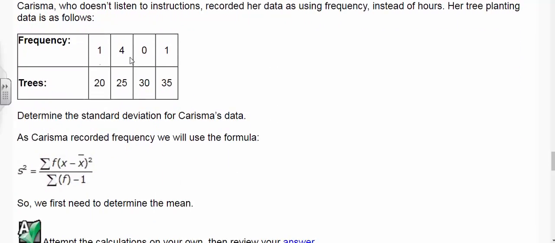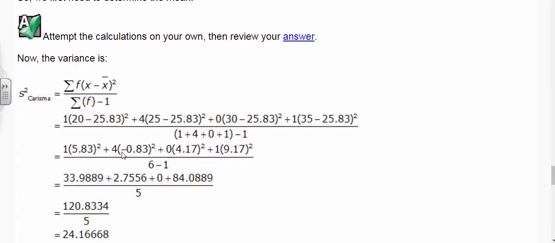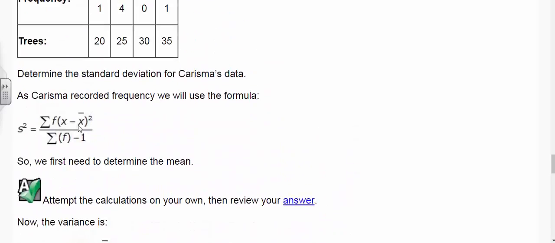Frequency table, we've seen these enough times now. This means that one time there was a 20, 4 times there was 25. So essentially it's telling me if I was going to do an average or a mean here, I'm doing 20 plus 25 plus 25 plus 25 plus 25 plus 35. And when we go about calculating the frequency, they're showing it as if it's a new calculation again, and I don't necessarily like that.